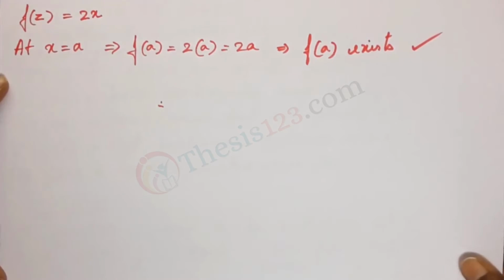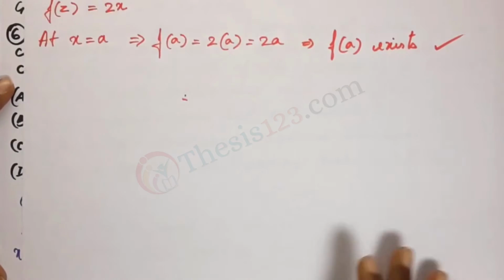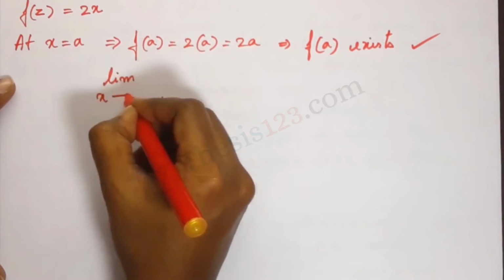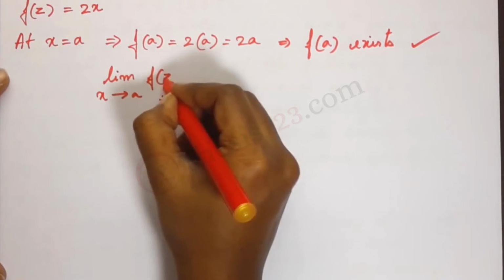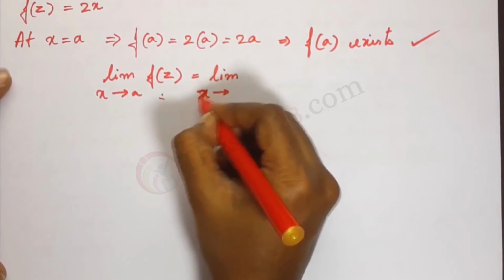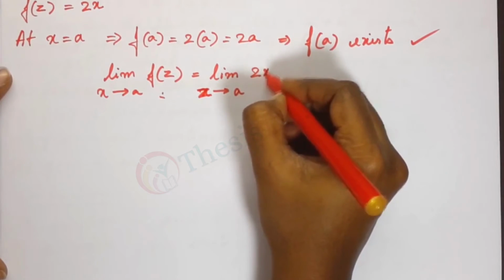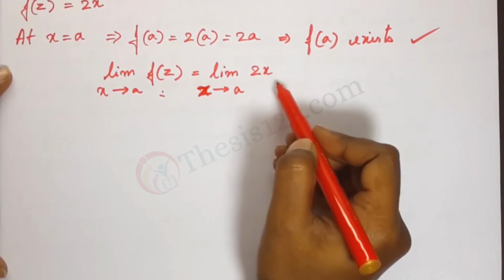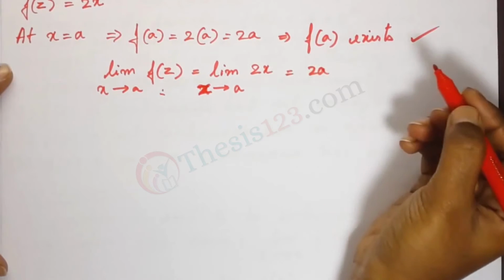Now the next condition says that the limit as x tends to a of f of x exists. That's f of z, which is the limit as x tends to a of 2x. So it definitely does exist. This will give us 2a.